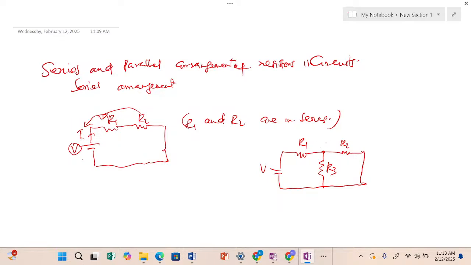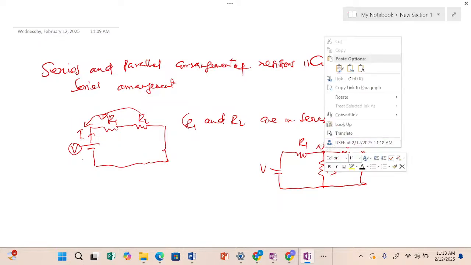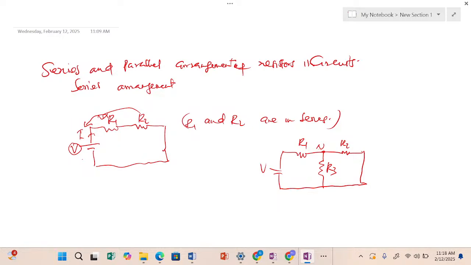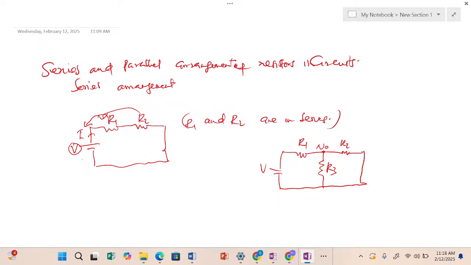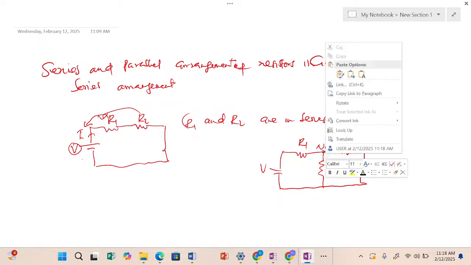I would explain it for you recently, but then just let me just put it here for you to understand it better. All right. So when you look at this particular circuit, you realize that R1 and R2 are not in series because there is a node here.